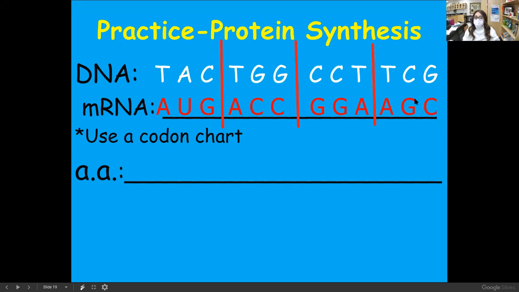You're then going to take these mRNA codons and put them into a codon chart so that you can figure out which amino acids, right? So AUG is going to give you methionine, which is your start codon. Let me go ahead and pause my share so that I can show y'all the codon charts that I've put in y'all's.